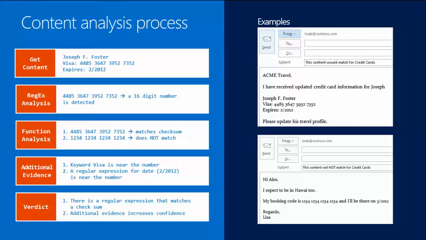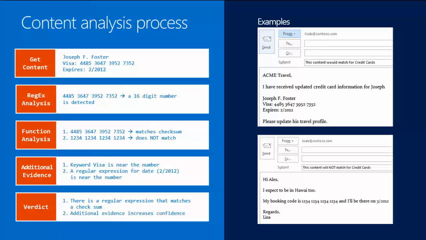Here, if we look at this side, we'll see that the content is just a name, a Visa number, and an expiry. We'll start off by looking for a regex, in this case a 16-digit number, and we'll detect the number in the content. The next thing we do, because we believe this is a credit card, is a checksum analysis to make sure it matches the checksum.